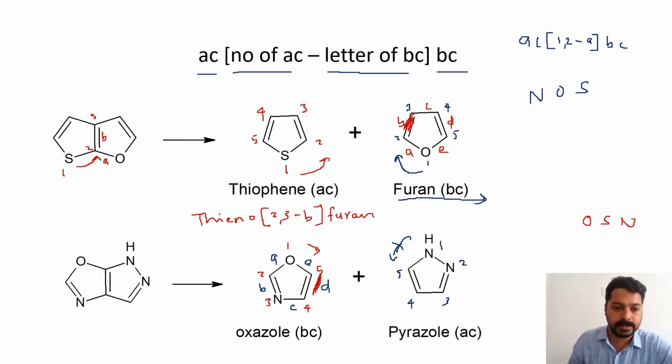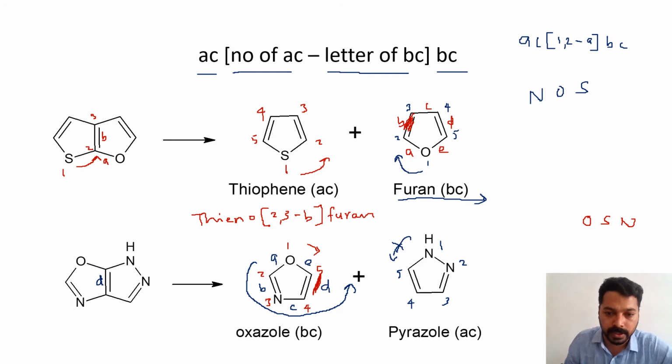Now we can see that the fused bond is D. And I'm writing A, B, C; it is moving in this direction. So the numbers should also be in this direction, that is 4 and 5.